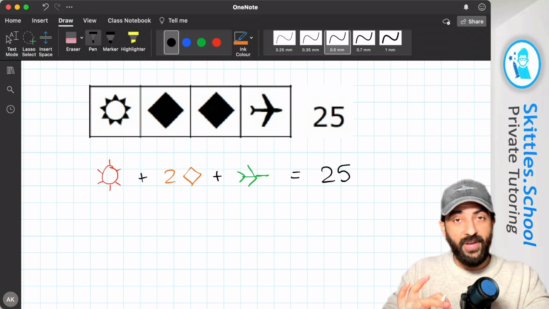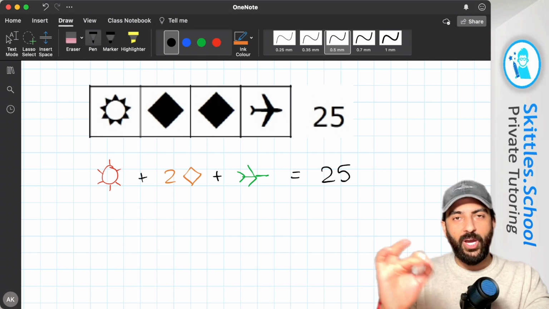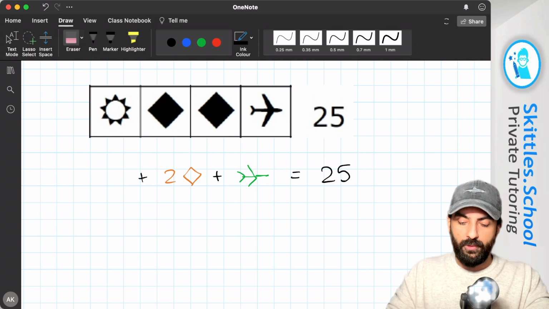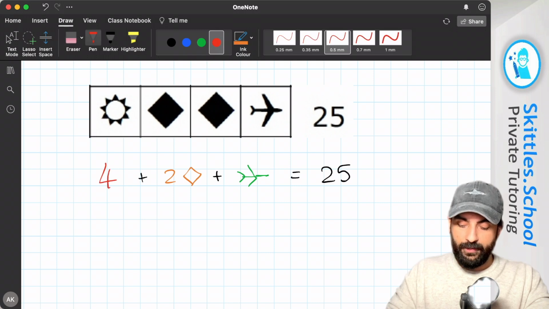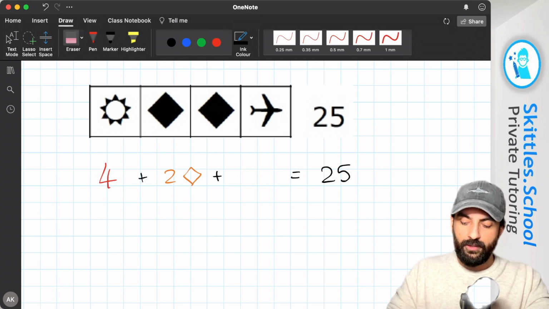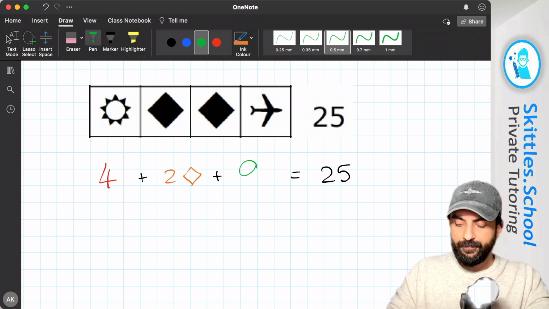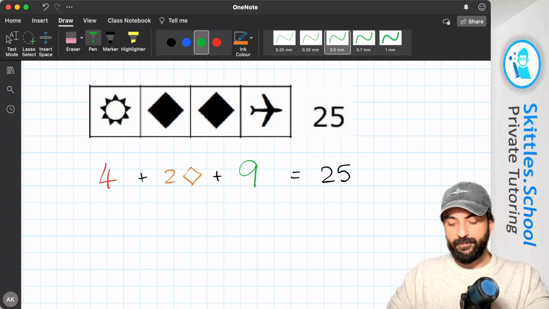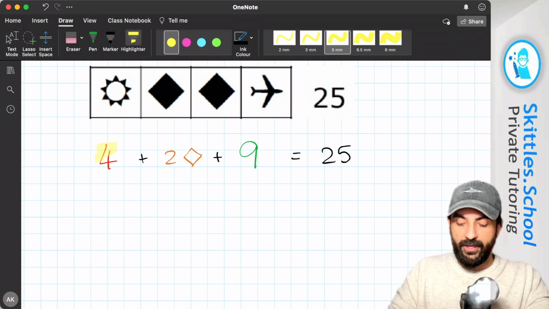Now we already know the value of a sun and an aeroplane because we worked it out. The sun was 4 and the aeroplane was 9. And now we can again apply algebra. So 9 and 4 add together to make 13.